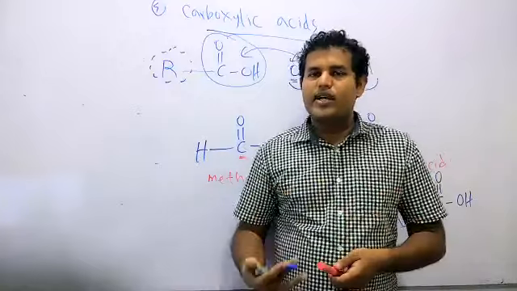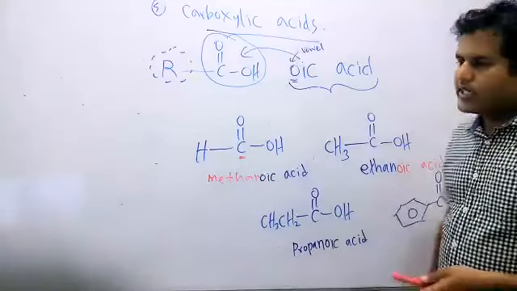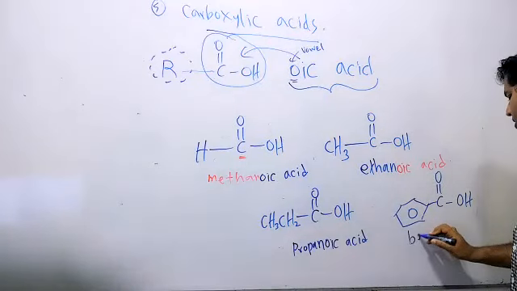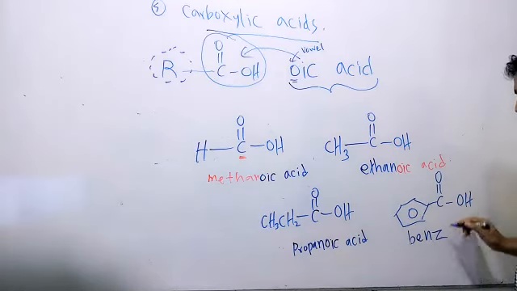Sometimes we use the term phen, sometimes we use benz. Both are referred. This is benzoic acid. Benz, we don't say benzene. And then we get oic, benzoic acid. It's a white color, isn't it? So that's the orientation.